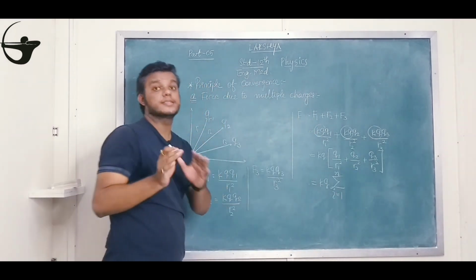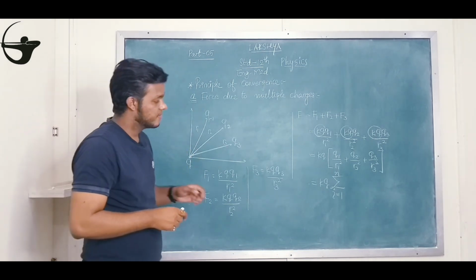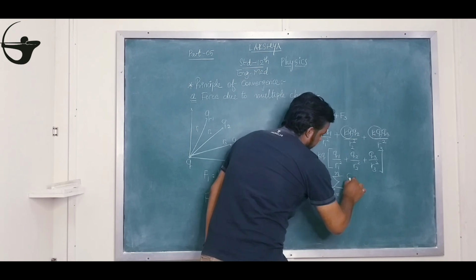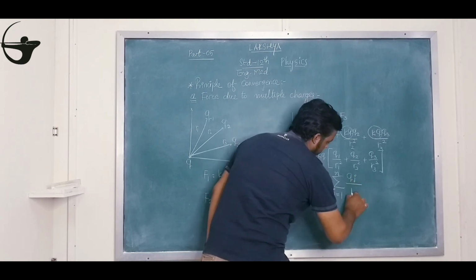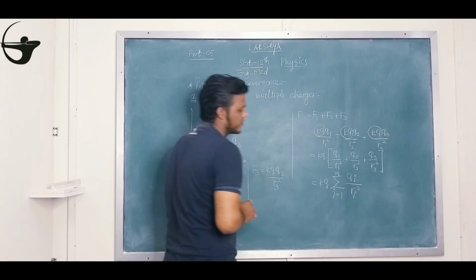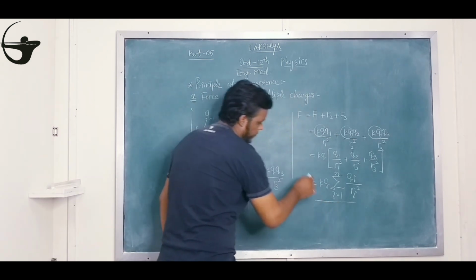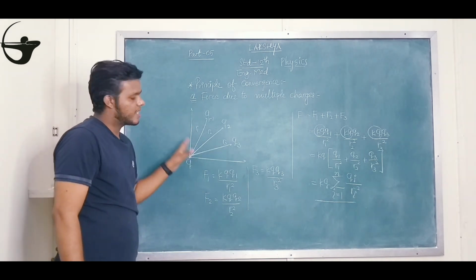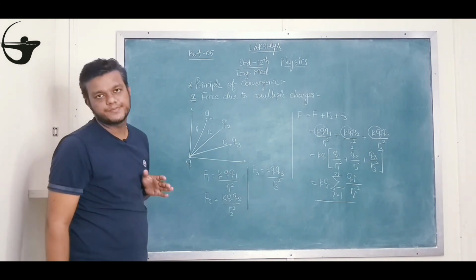Here we have 3 charges, but if there are n charges, it will be written like this: Qi upon Ri square. This will be the total force on any individual charge by all the charges present in a system.